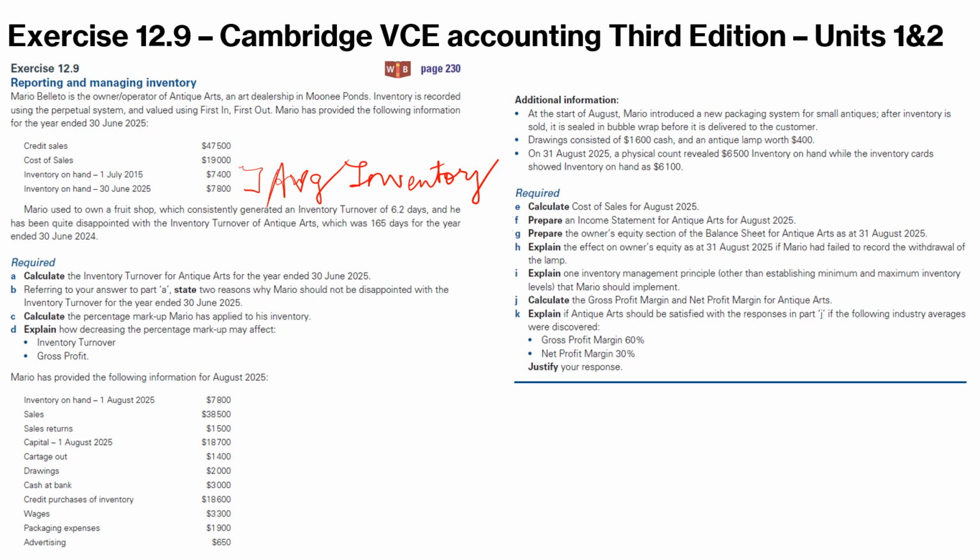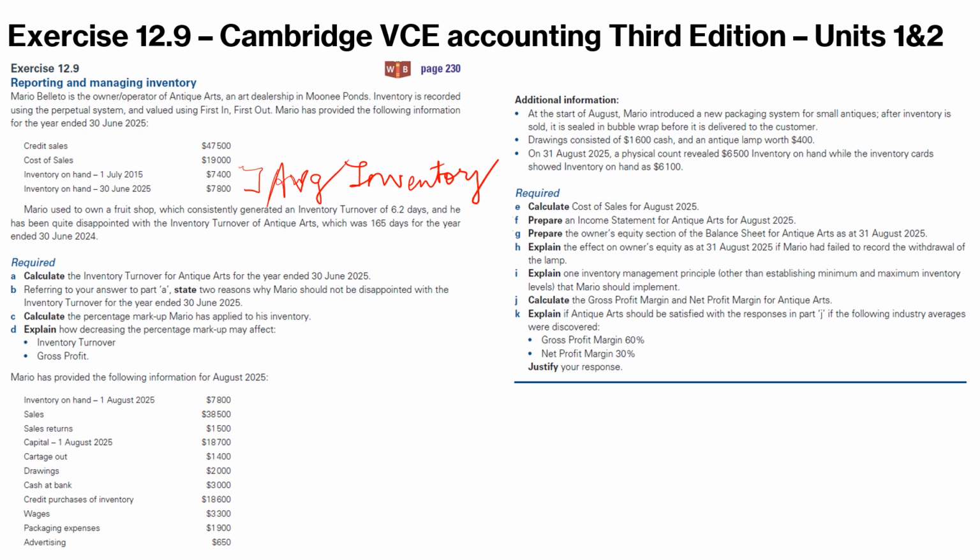It's giving us a context of antiques versus the owner's previous shop, which was a fruit shop that consistently generated an inventory turnover of 6.2 days. Mario has been quite disappointed with the inventory turnover of Antique Arts, which was 165 days for the year ended 30 June 2024.